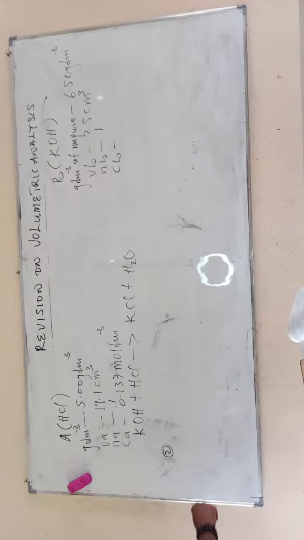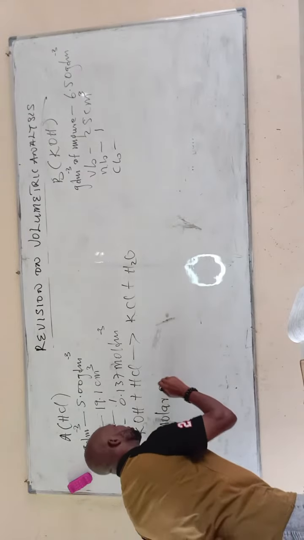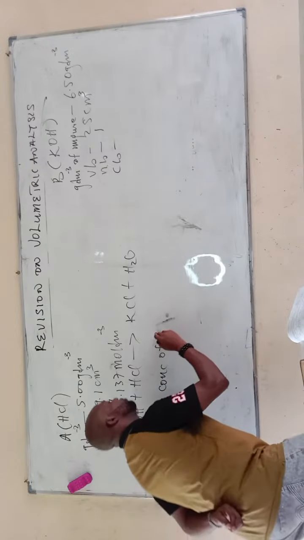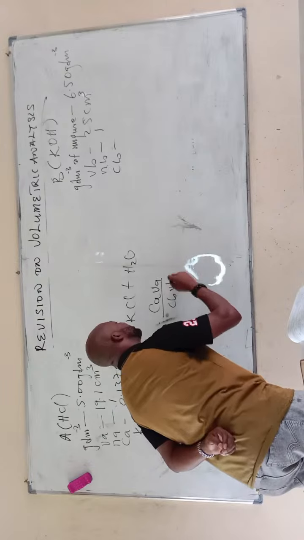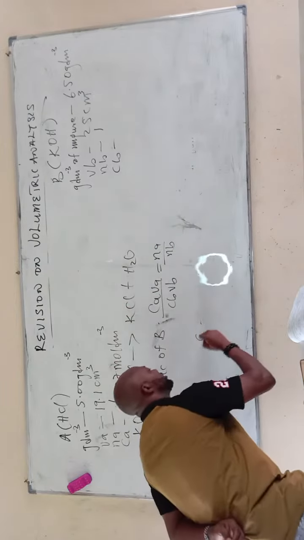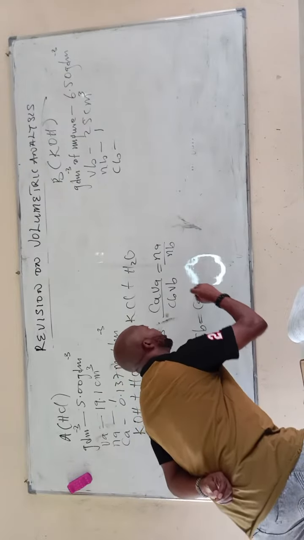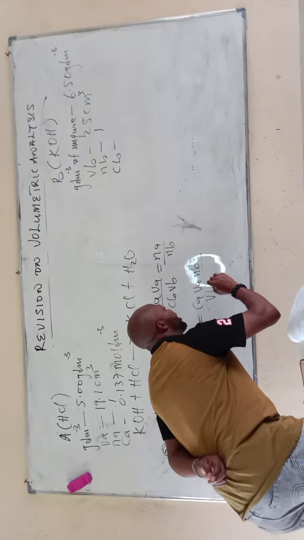Now, the molar concentration of B. We use CAVA over CBVB equals NA over NB, where CB equals CAVANB over VBNA.